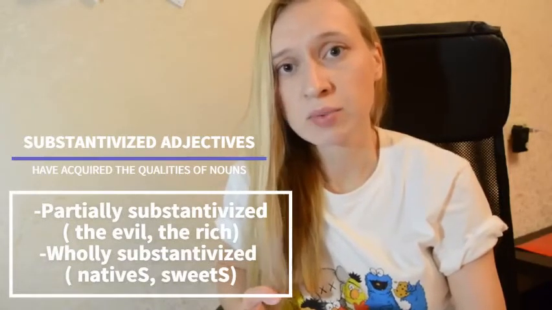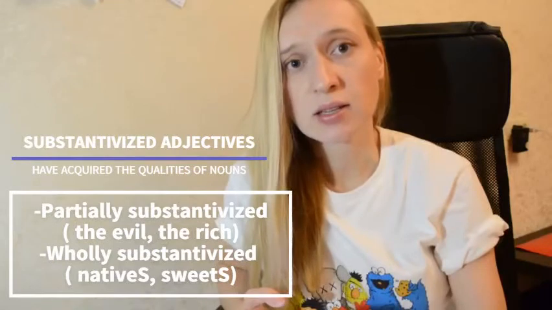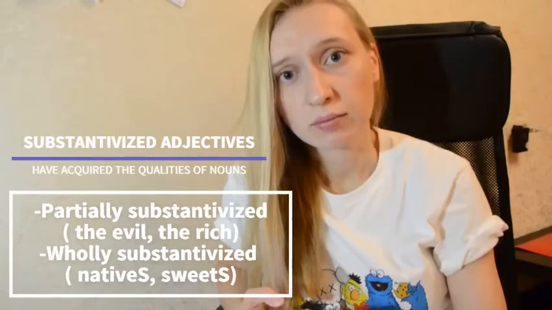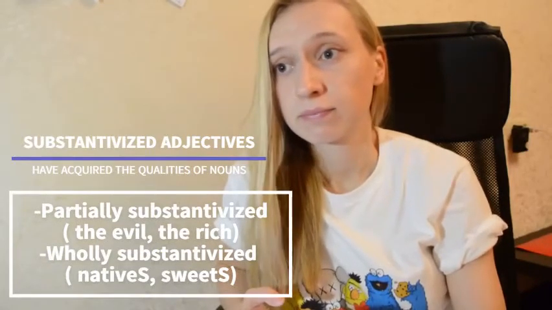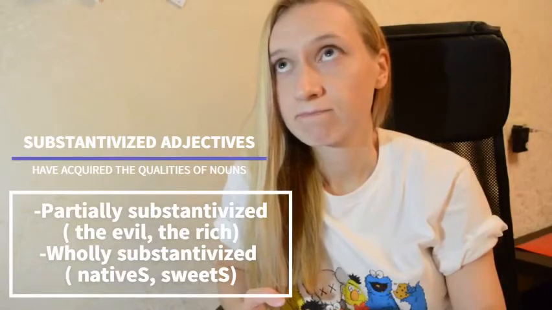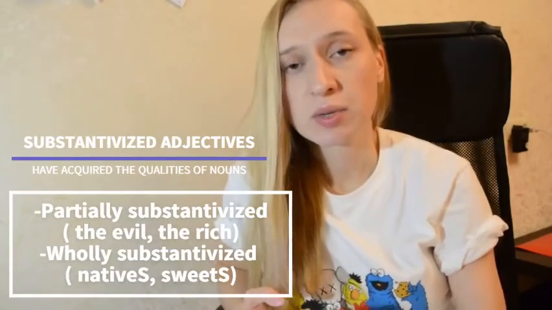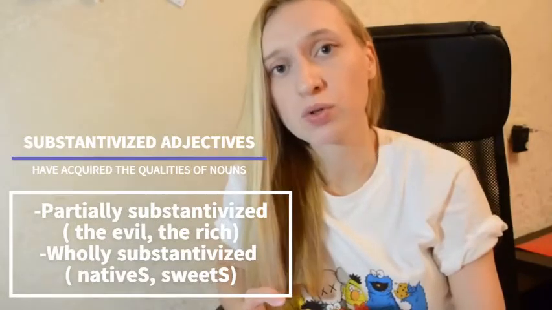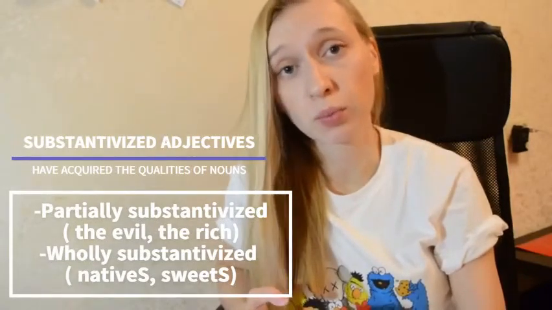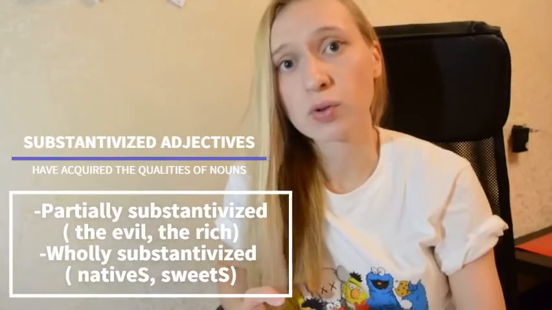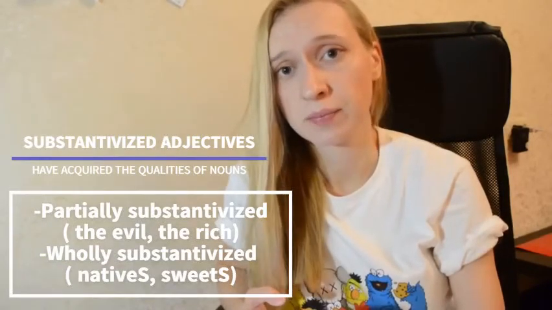As for wholly substantivized words, these are actually things like natives, sweets, so they possess not only the article but also can be changed into the plural form and also have some kind of genitive case.